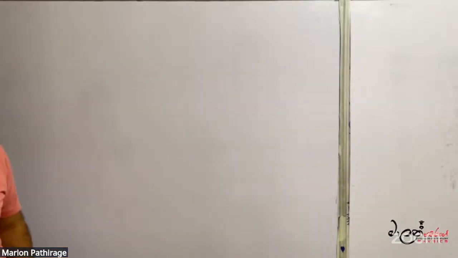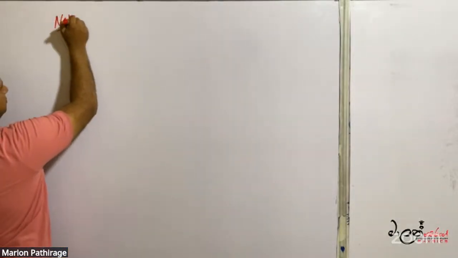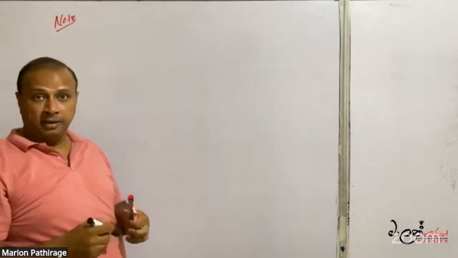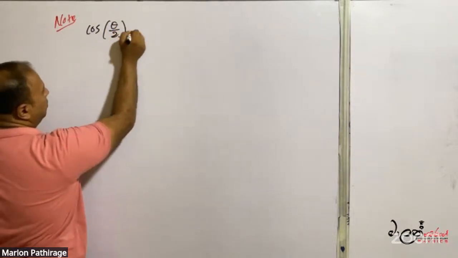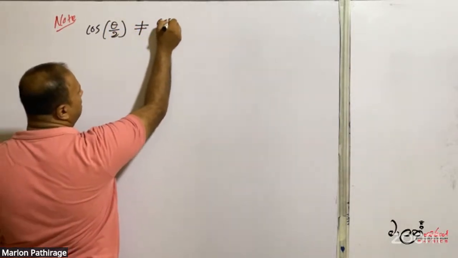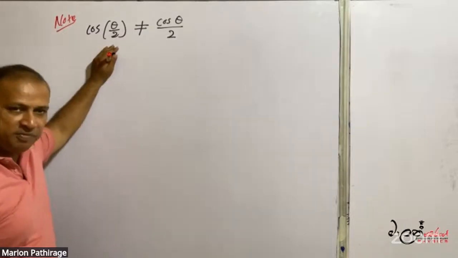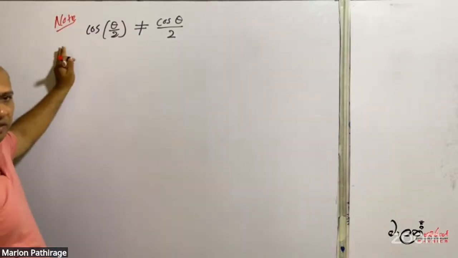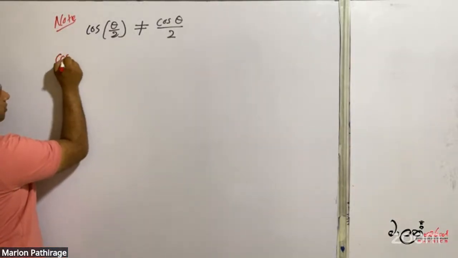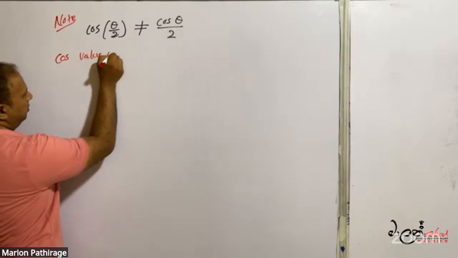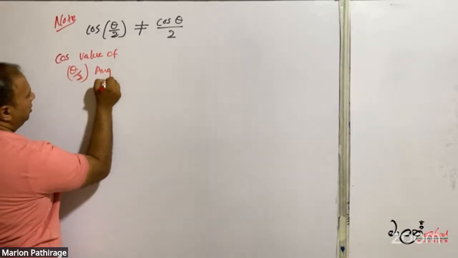Write a special note, okay? This one: cos theta over 2 is unequal to cos theta divided by 2. The meaning of this is cos value of theta over 2 angle.